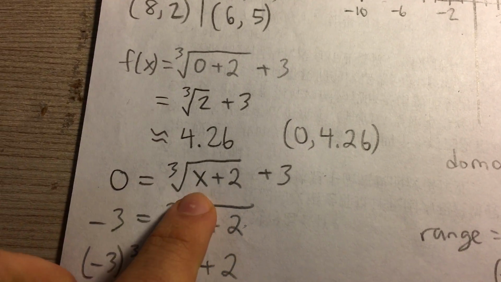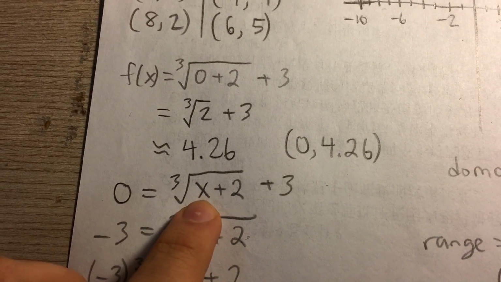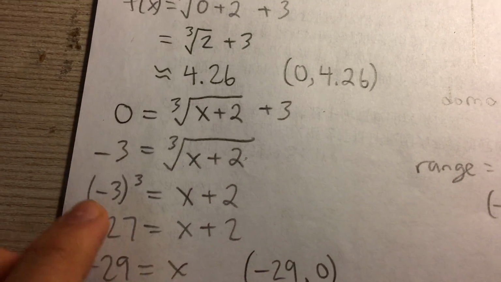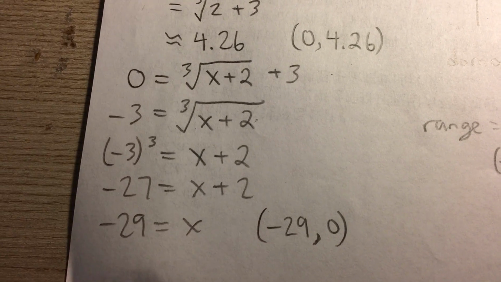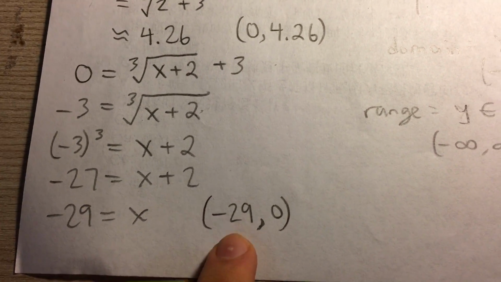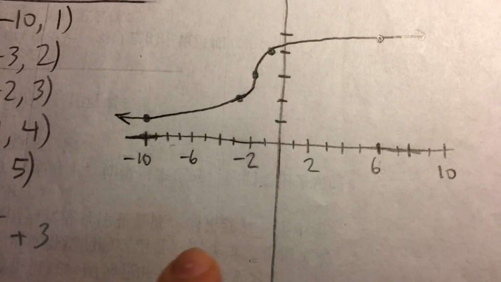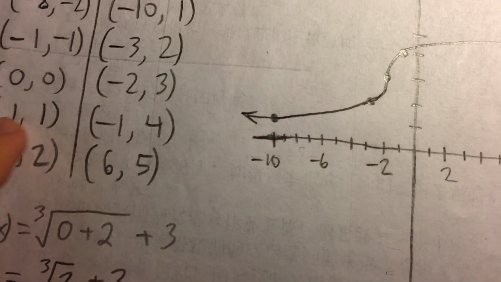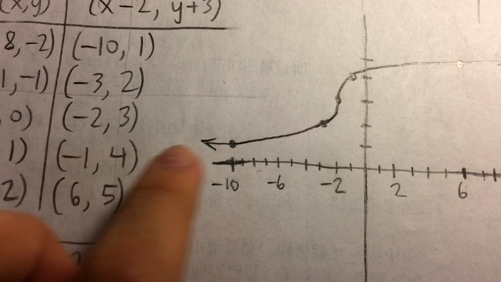In other words, if y is 0, what is x going to be? So I move the negative 3 to the other side, I cube both sides, and then I subtract 2, and I get x equals negative 29. So the point negative 29, 0 is my x-intercept. You can see how that makes sense. If I extend this axis, at negative 29, it's going to touch the x-axis.